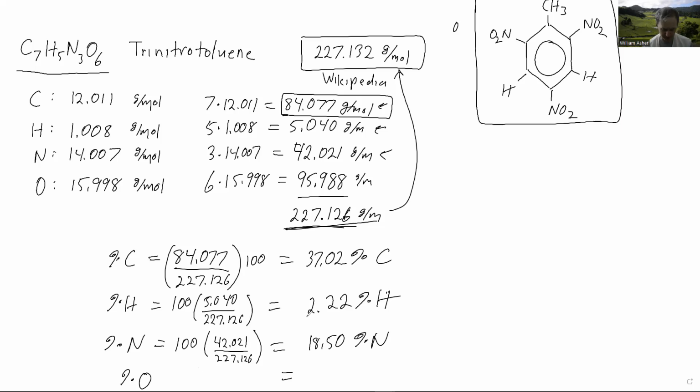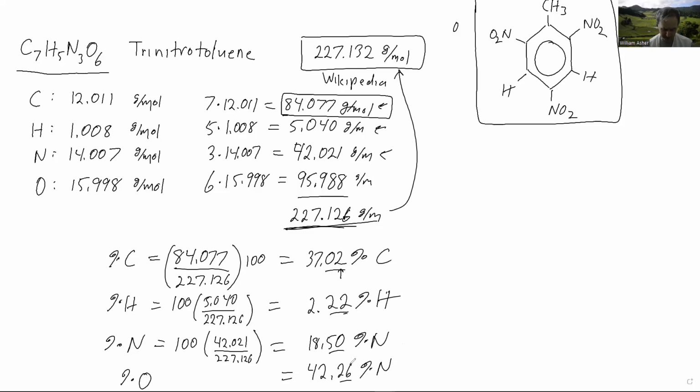So it's 95.988 over 227.126 times 100, which is 42.26%. And see what I've done here is I've carried each of them out to 2 decimal places because I'm going to be adding them up. This number here, fixed by our significant digits, is fixing the overall precision, which is why I don't extend it out one more, because I'm going to be adding all these numbers up.